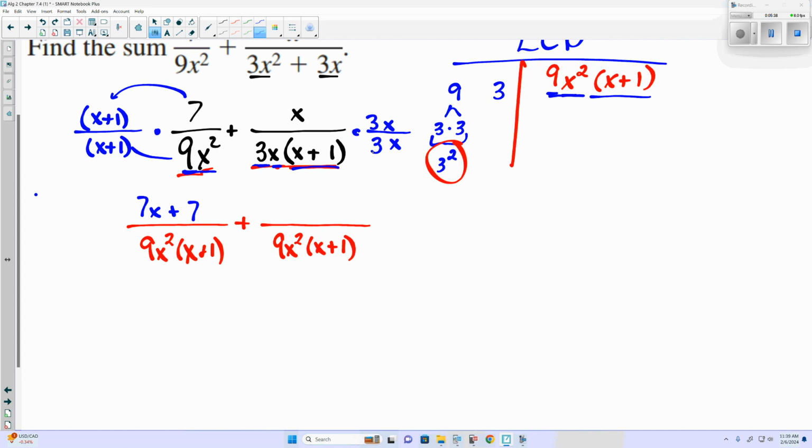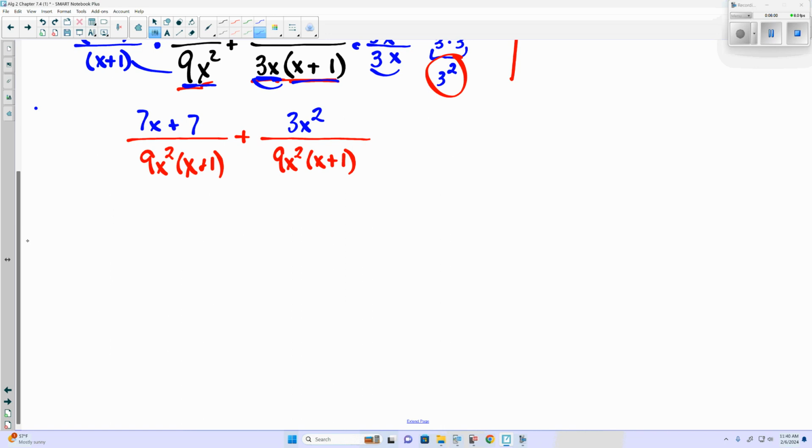Because this 3x and this 3x will multiply together to give us our 9x squared, making the denominators be the same. But we also have to multiply the numerators, x and 3x, giving us 3x squared. Questions on this here?